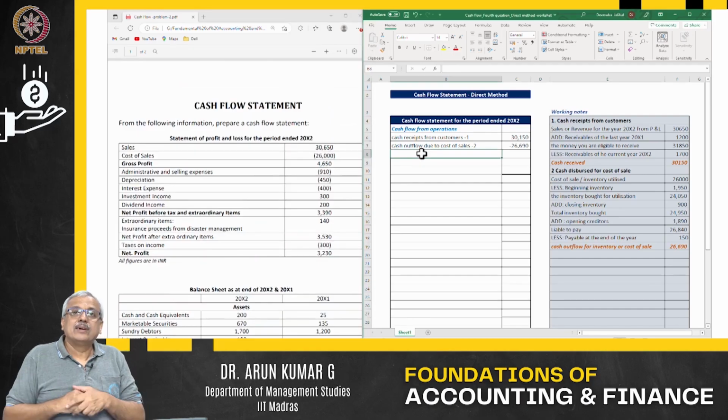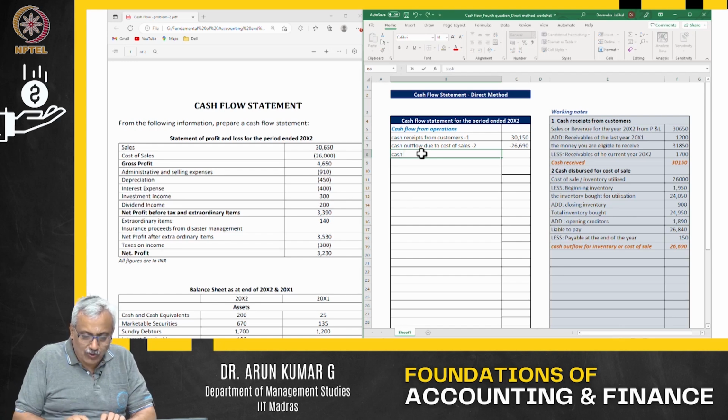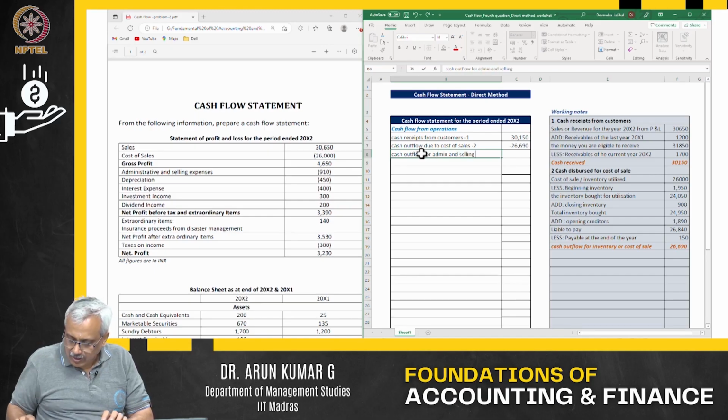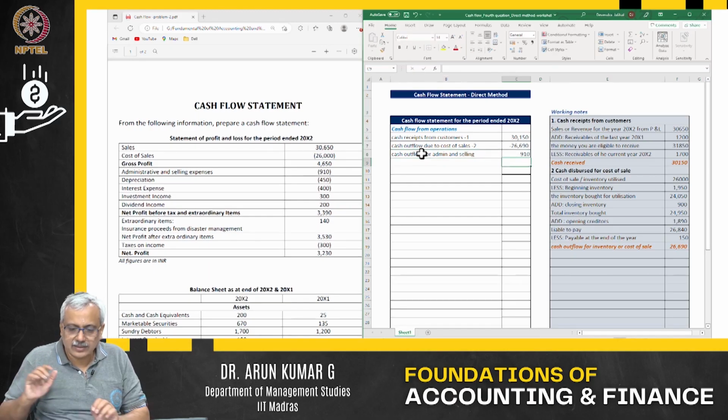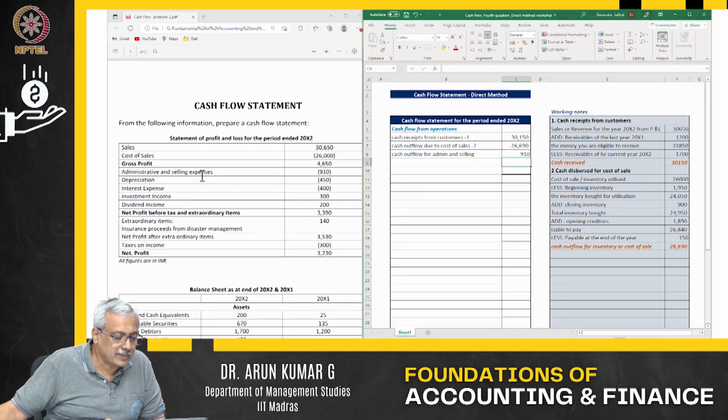So that means there is a cash outflow related to admin and selling. How much is it? 910. I pick it up directly from here.